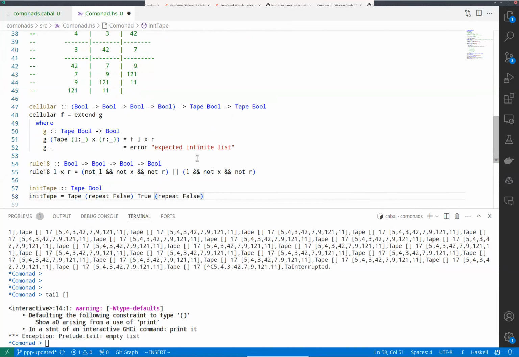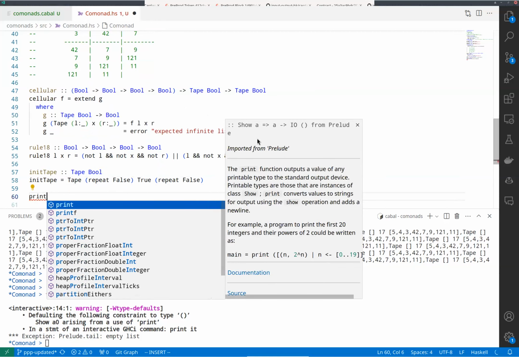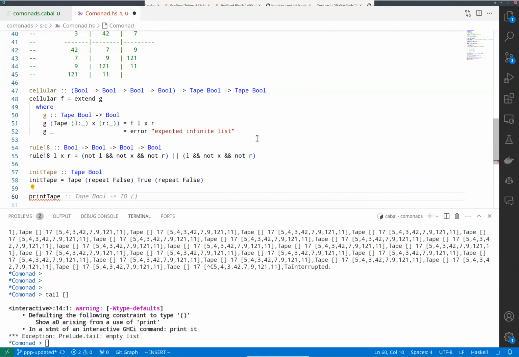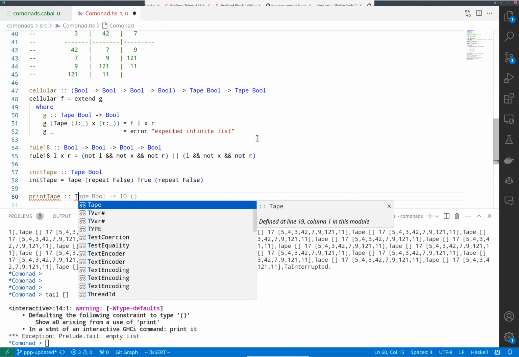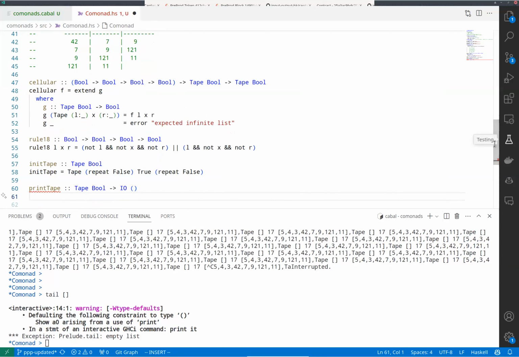So we could do one step, and now we need some sort of print function. Print tape, tape bool, IO.